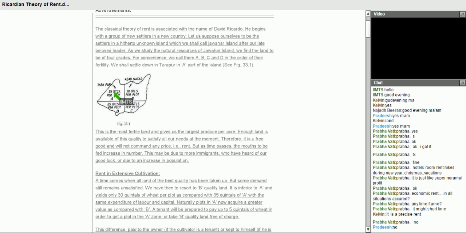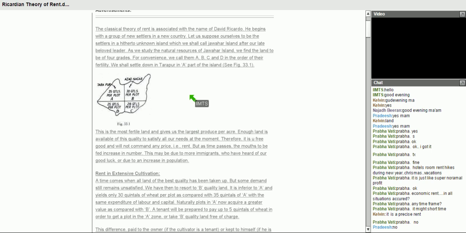You can see this is Tarapur, Azad Nagar, and C and D. Over here the production is 35 quintals per plot, then 30 quintals per plot, 25 quintals per plot, and 28 quintals per plot at C. So D and C are out of question because there the production is really low. So A and B are more into discussion.